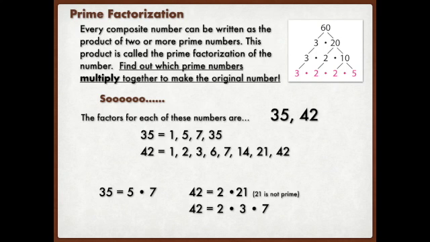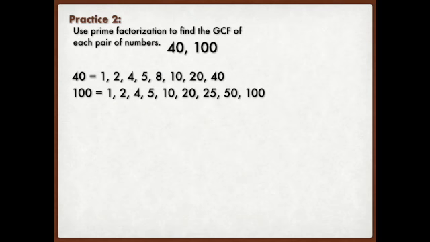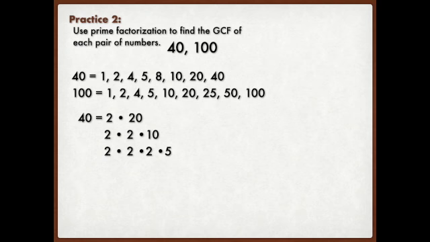Now, if I'm comparing two numbers, I'm going to break them down and identify which factors are similar. So let's do some practice for the prime factorization. Let's do 40 and 100. If I take a look at all my factors, my prime factorization for 40 would be 2, 2, 2, and 5.